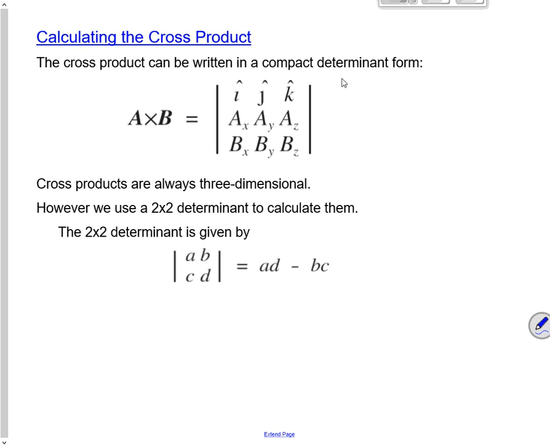Cross products are always three-dimensional, but in order to calculate it, I use what's called a 2x2 determinant. A 2x2 determinant, shown down here as A, B, C, D, is AD minus BC. In other words, I multiply these two together, and then subtract these two multiplied together.